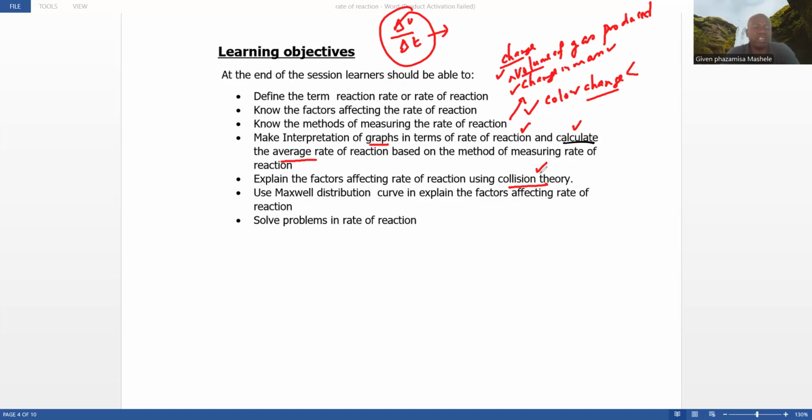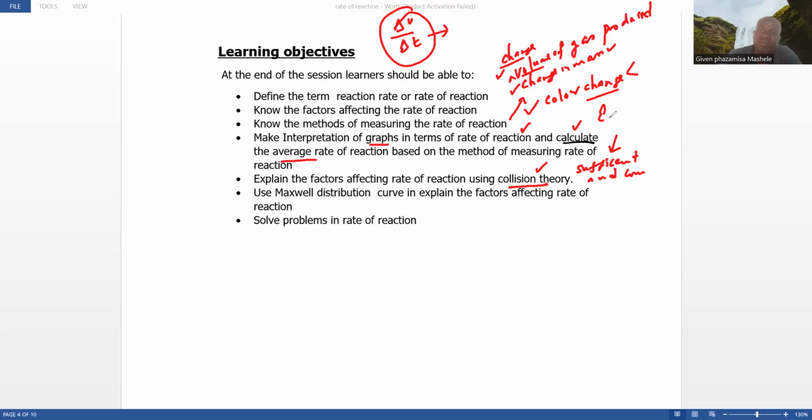We also explained the factors that affect the rate, like I just explained, collision theory. Collision theory is a theory that suggests that for a chemical reaction to occur, particles must collide with sufficient energy and correct orientation. And we went through what we mean by sufficient energy.